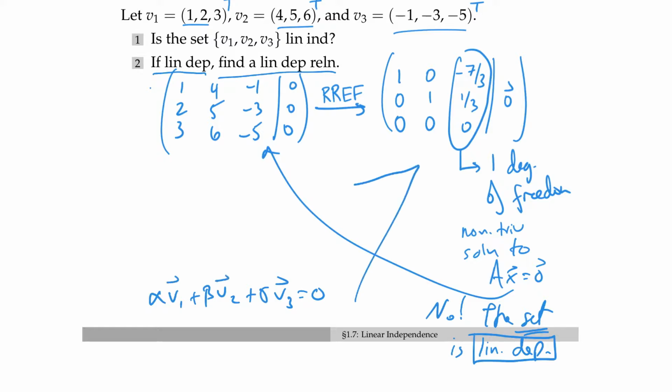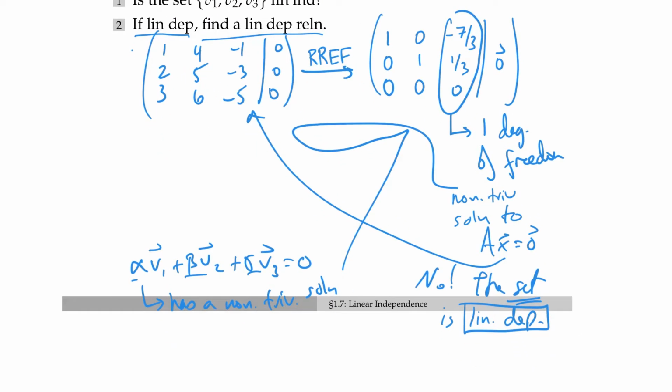The work I just did tells me this particular vector equation has a non-trivial solution. So there's some alpha, beta, and gamma that are not all 0. I need to find out what those alpha, beta, and gamma are. The way we do this is we look back at our reduced echelon form up here. What does this tell us?